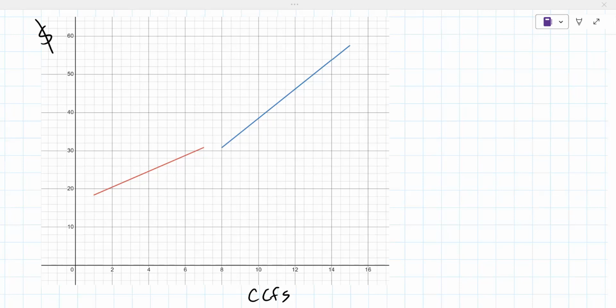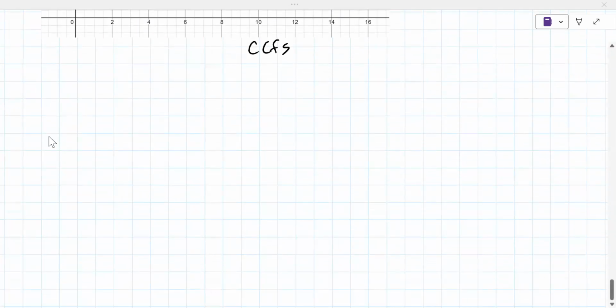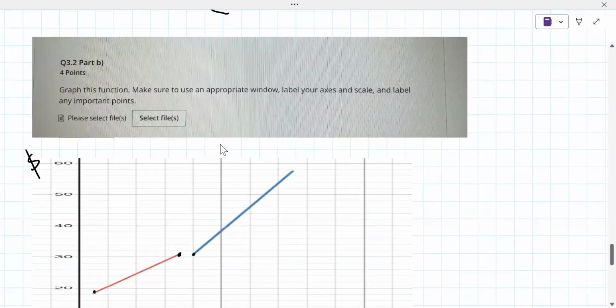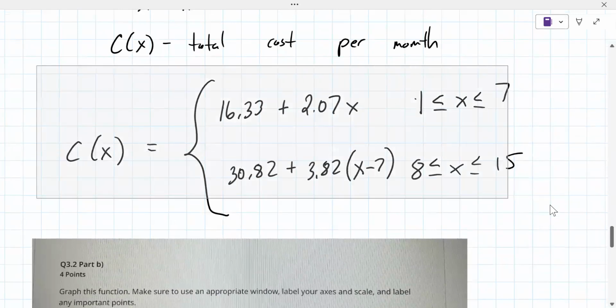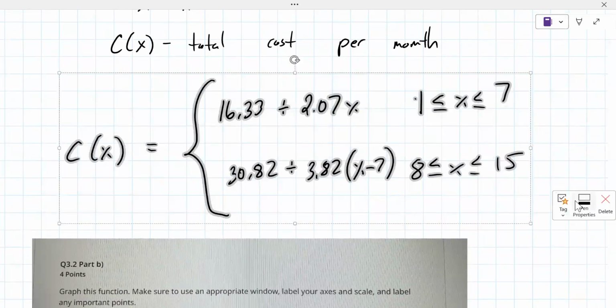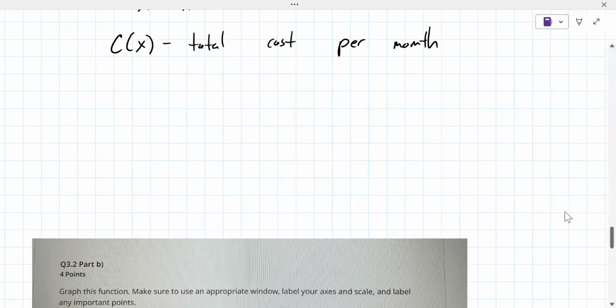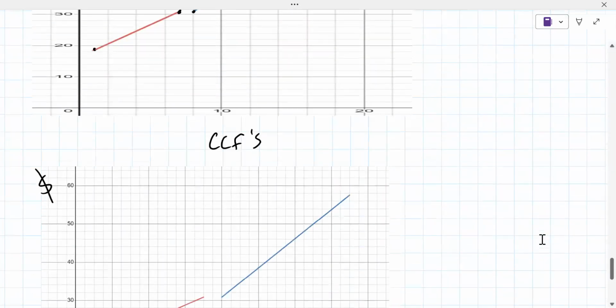Okay, part C, whenever you're ready, let me know. I'm ready. So part C, we're actually going back to the piecewise stuff here. Reuse this. Copy that.